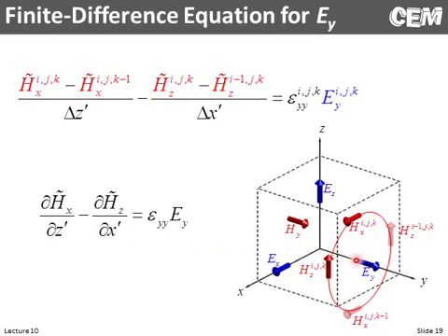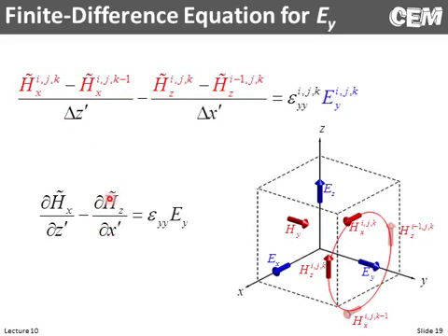Now we're sitting over here. If we look at the field spanning, again, we're going to reach to the previous cell. In this case, it's the magnetic field from the same cell minus the magnetic field from the previous cell, all divided by the spacing delta z.